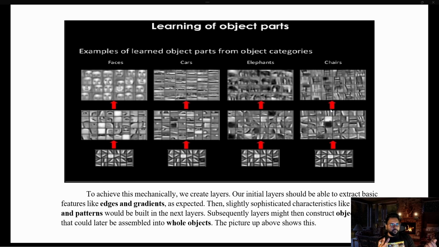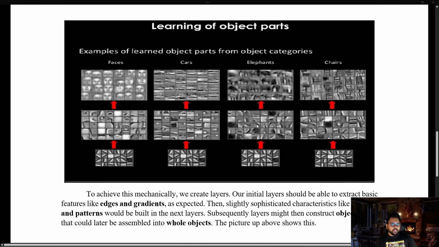So if this diagram is about multi-class classification, where we are trying to detect a face or a car or an elephant or a chair, then every kernel is designed or back propagated in such a way that they are able to extract edges and gradients, textures and patterns, parts of objects, and complete objects are being extracted in the last layer, so that in the last layer we will be able to tell what this object is all about, whether it's a face or an elephant or a chair or anything else, right?